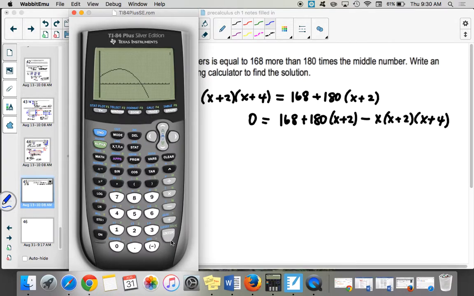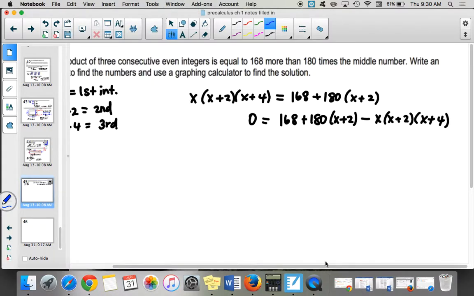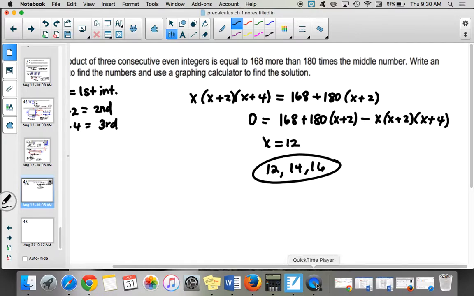Then go to where you think it is. So I got 12, 0. So x is 12, the next one is 14, and the last one is 16. All right, so let's stop there.